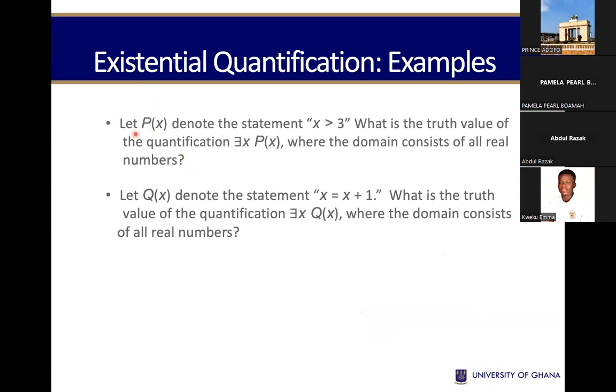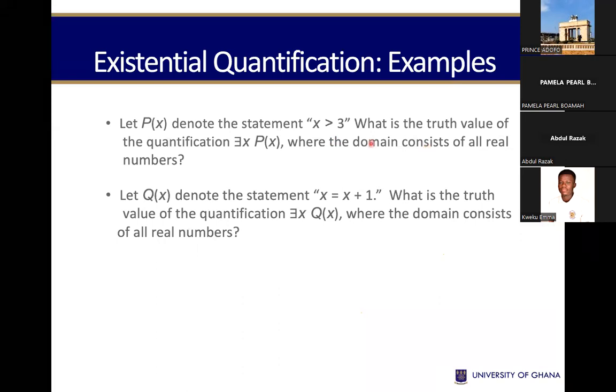Okay. So with this understanding, we can go ahead to also establish this example. Let P of X denote the statement X is greater than 3. What is the truth value of the quantification there exists X, P of X, where the domain consists of all real numbers? So here, we are looking at all real numbers, meaning everything inclusive.